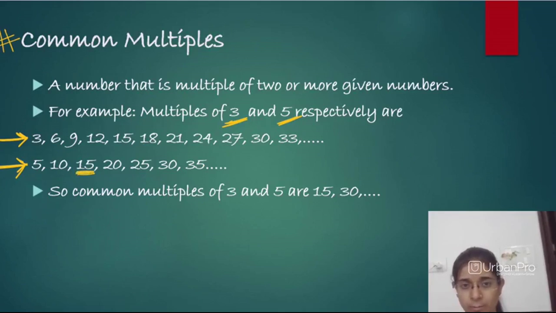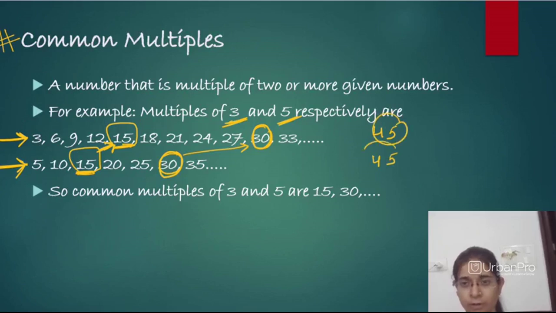Now we see that 15 is in the multiples of 3 as well as in the multiples of 5. So hence 15 is the first common multiple. After that we have another common multiple, 30, and likewise we can find more common multiples of 3 and 5, which is 45, and so on. And out of all the common multiples, whatever is the least value, we call it the least common multiple.